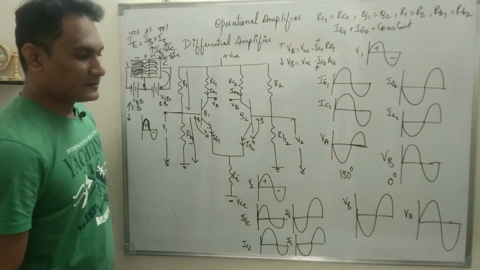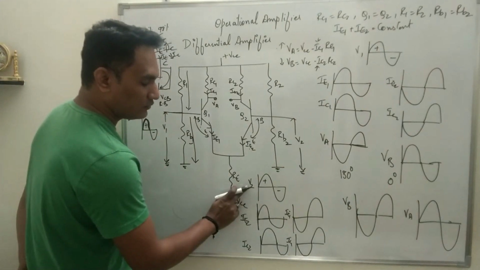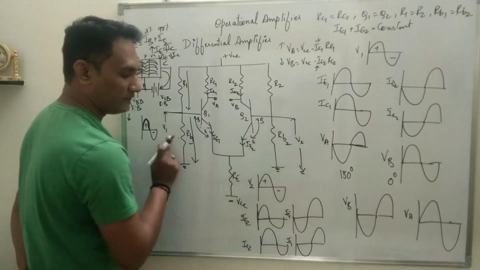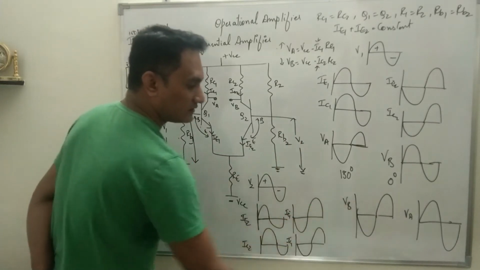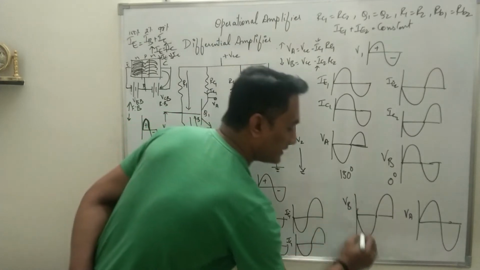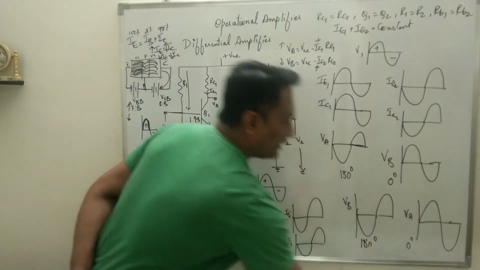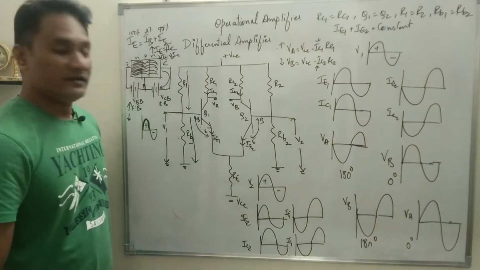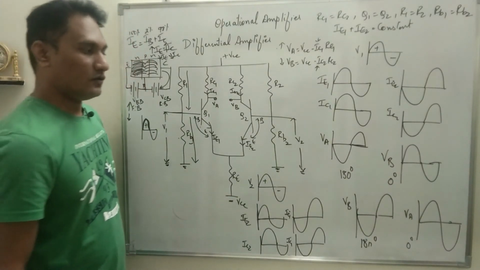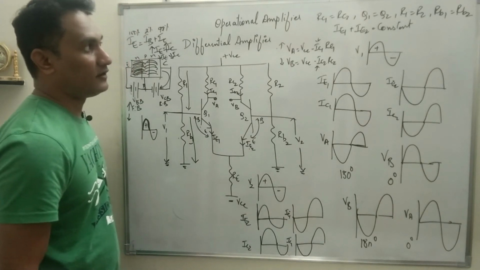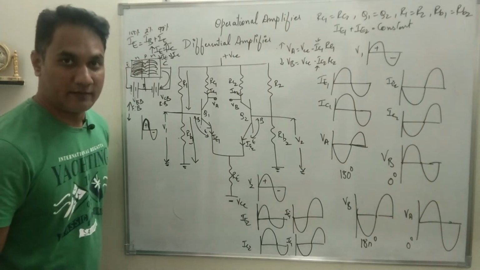So what you can see is that when input is applied to V2 and V1 is grounded, you get two outputs, but now at VB you get 180-degree phase shift, and at VA you get 0-degree phase shift. So this is the working part of your differential amplifier.